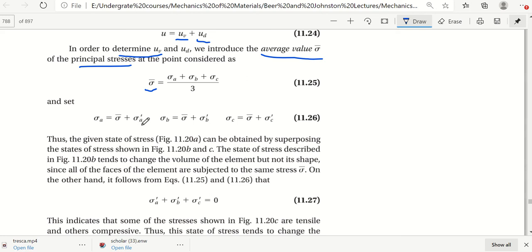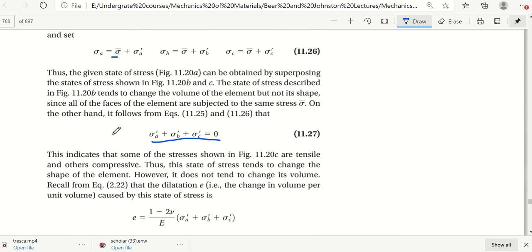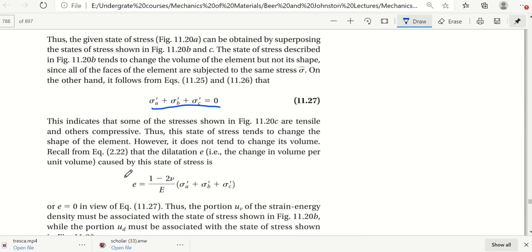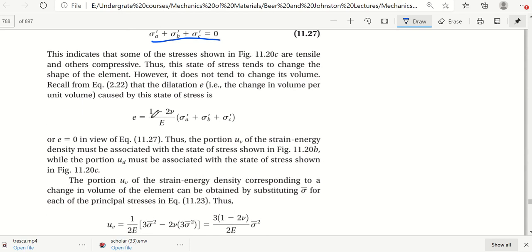So there will be some change of sigma A prime. Sigma A prime, sigma B prime and sigma C prime might not be the same, but their summation will be equal to 0 because this is the average value of the stress. This is also another relation which was used in chapter number 2, that for the volumetric change in volume, this will be equal to 0 and dilatation will be equal to 0.